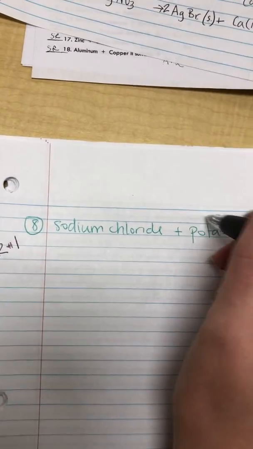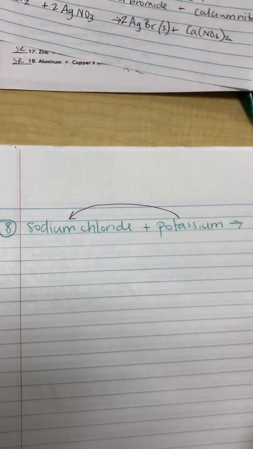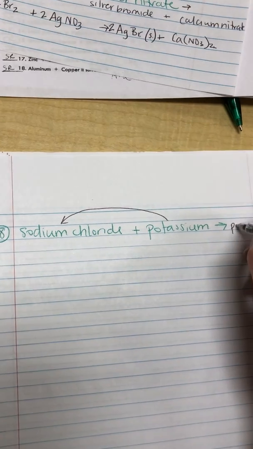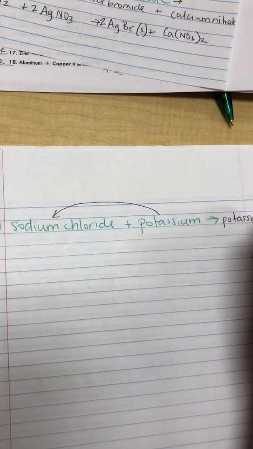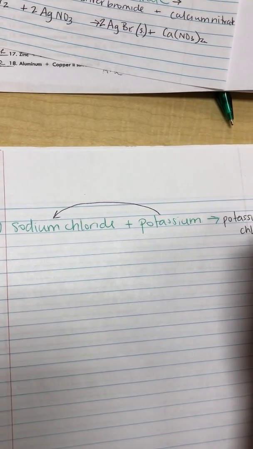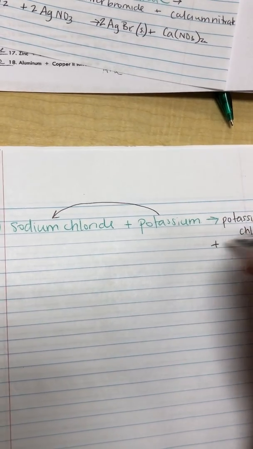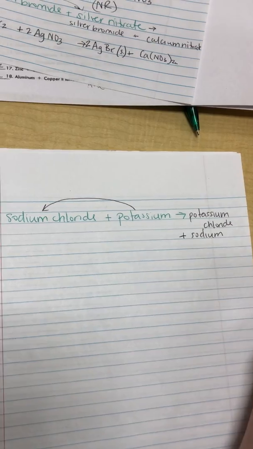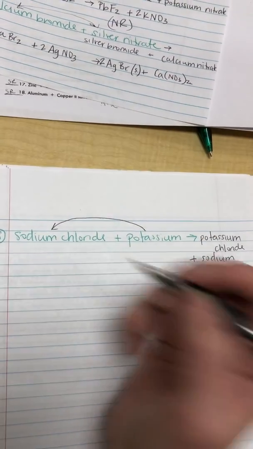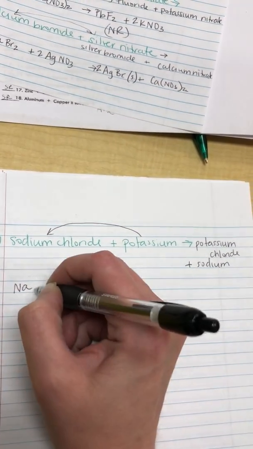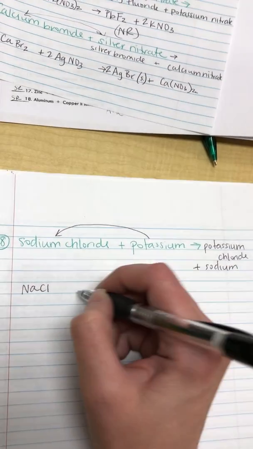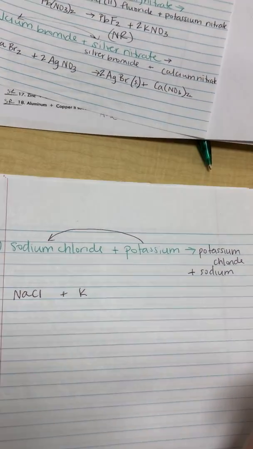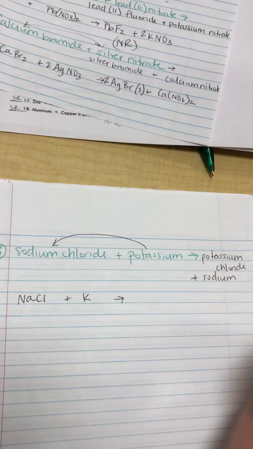So my potassium is going to kick out my sodium. I'm going to end up with potassium chloride plus sodium by itself. So I'm just going to write out my formula. Sodium chloride, NaCl, that's just like our table salt, plus potassium.